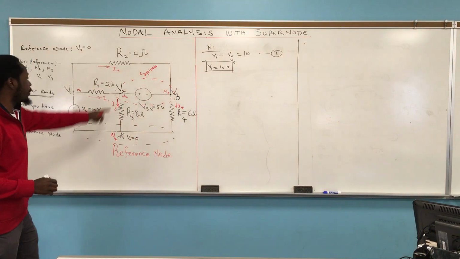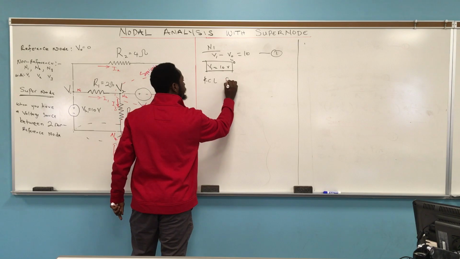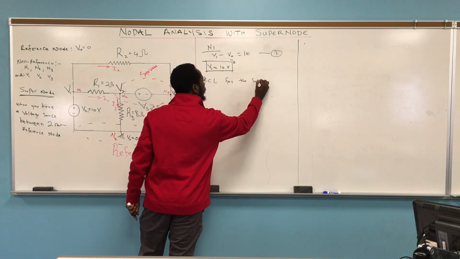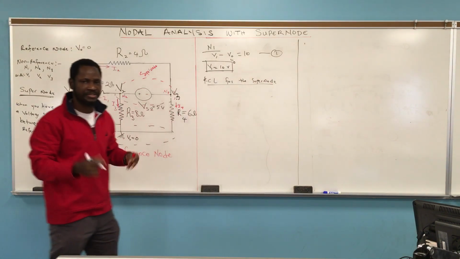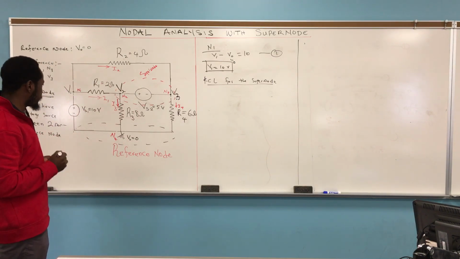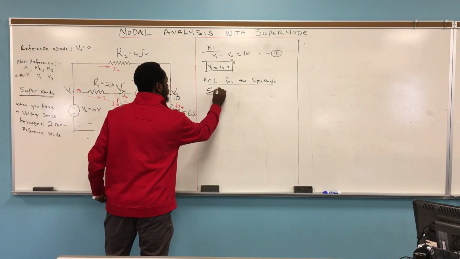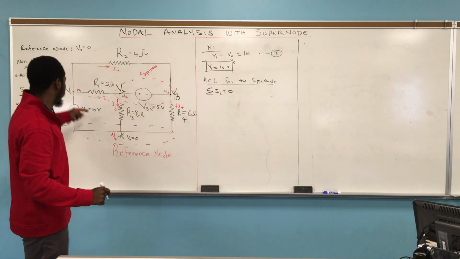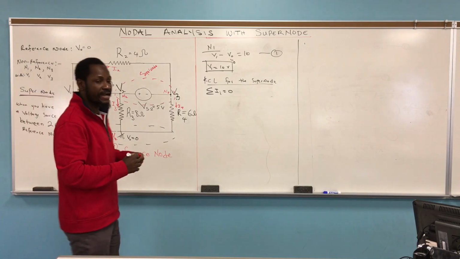Now we'll go to KCL for our SuperNode. I'm just doing it again without using the equations, just so we get used to it and see how easy it is. KCL: I1 is flowing in, so we're doing a summation of current flowing into the node, with inward flowing current as positive and outward as negative.